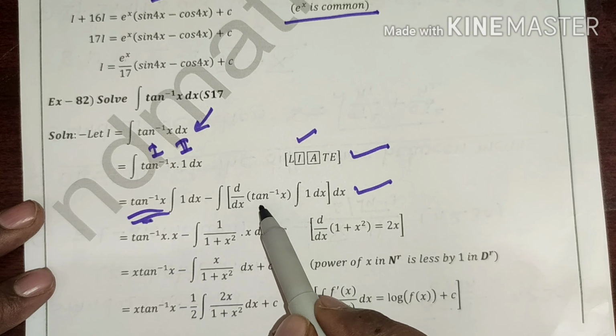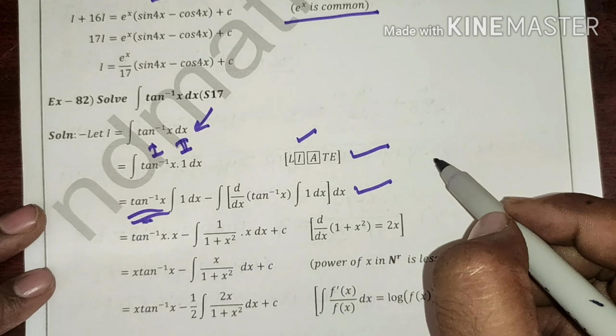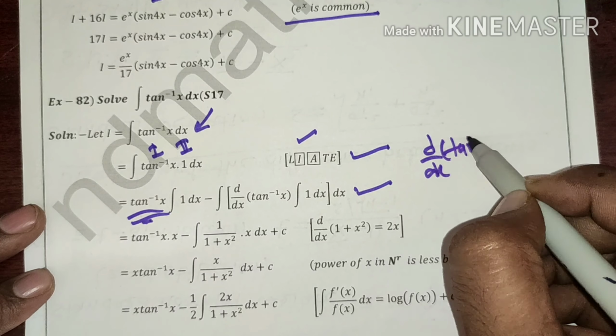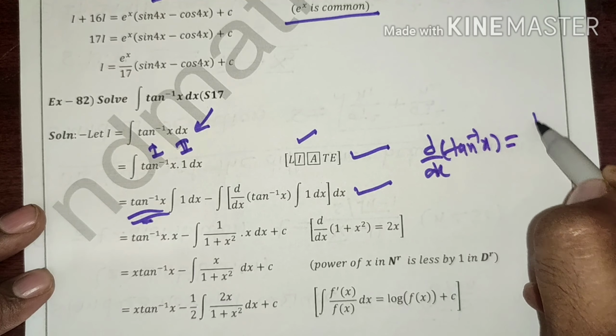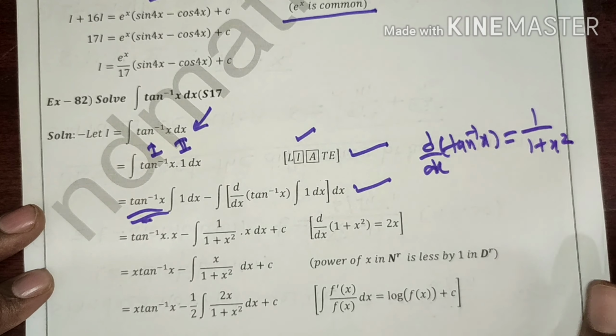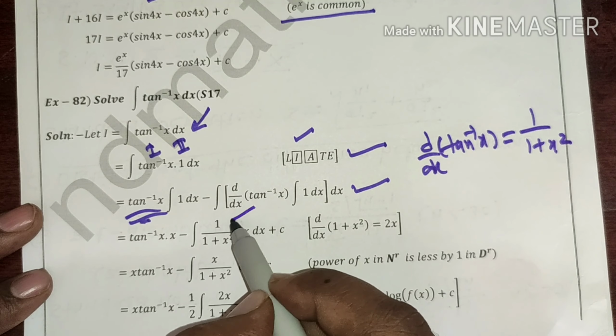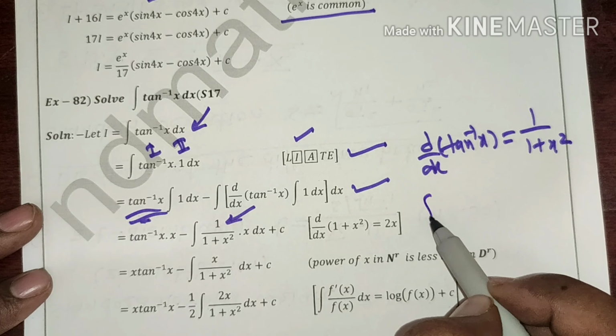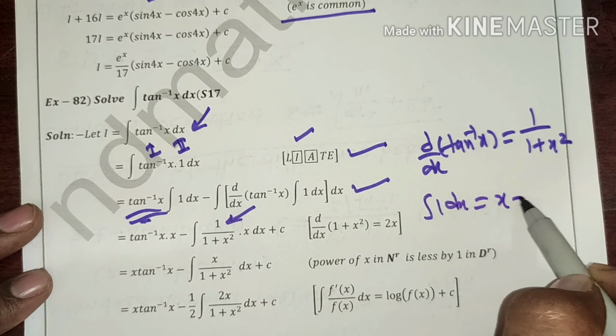We know that the derivative of tan inverse x is 1 upon 1 plus x square, and the integration of 1 dx is x plus c.